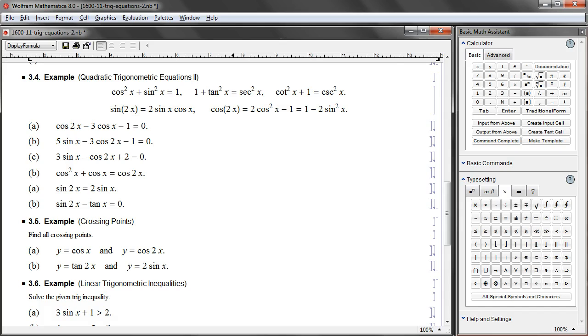Now, if you look at the second problem B, we have 5 sine of x plus 3 cosine of 2x minus 1. In this case, which option do I have to use, 1 or 2? In this case, option number 2 is better, 1 minus 2 sine squared, because of this sine function here.